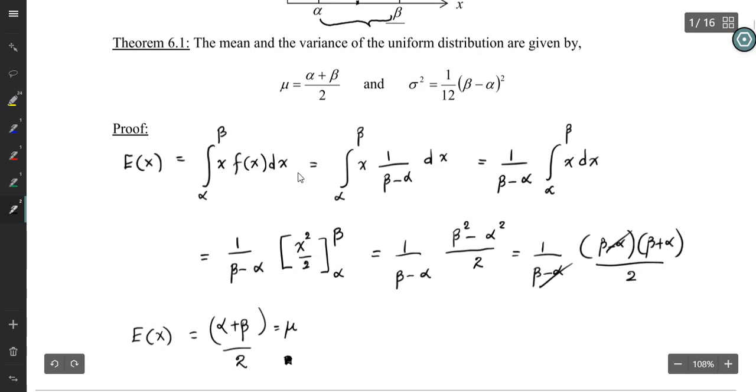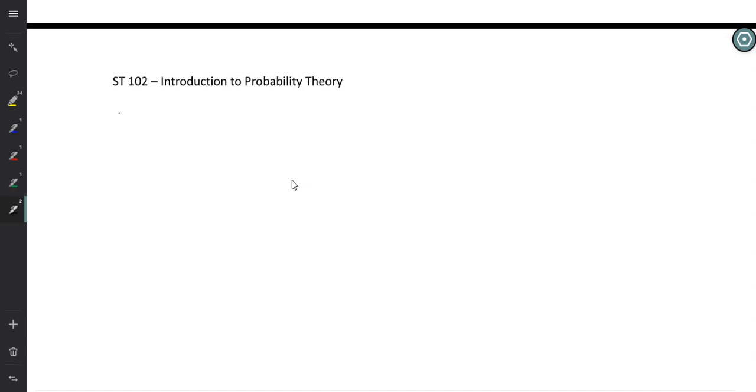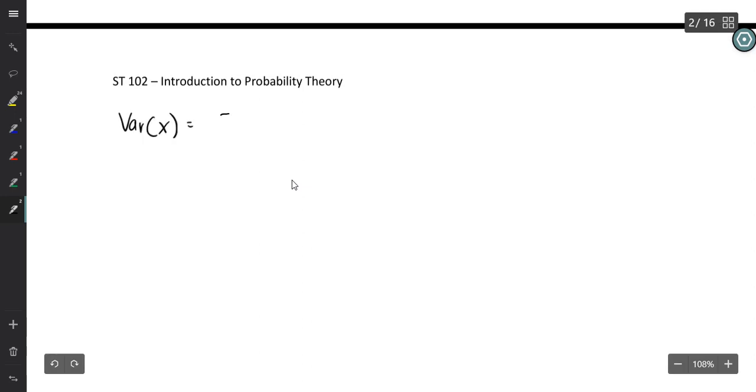Now let's move on to the variance. In order to find the variance, you can use the computational formula, which is the expected value of x squared minus the expected value of x whole thing squared. We already have E(x) now, which is alpha plus beta over 2.